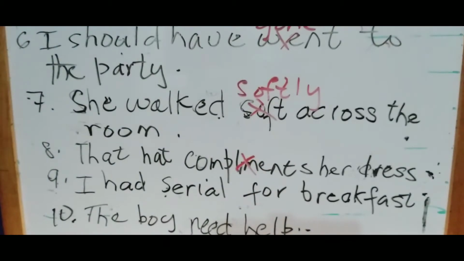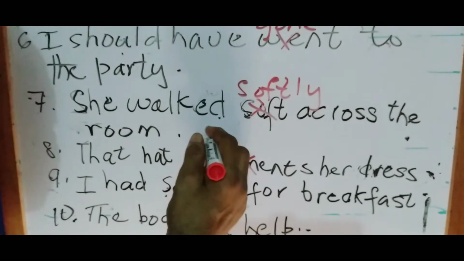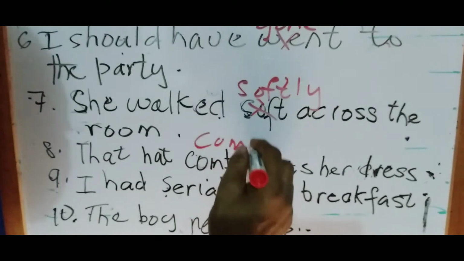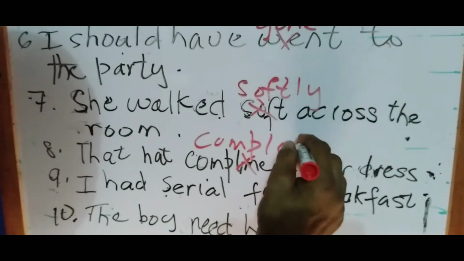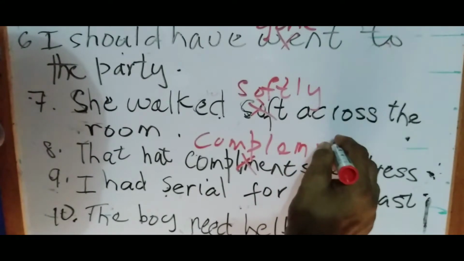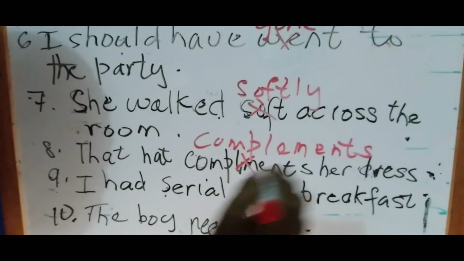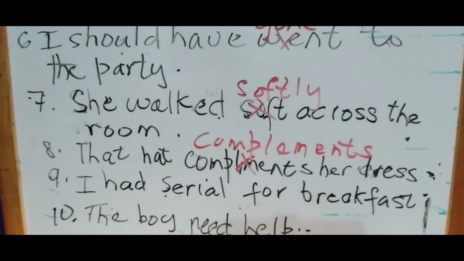Now, we have another complement which is spelled complement. So therefore, that will be the correct one. I'm going to explain why. All right, so the correct thing to say is complements.